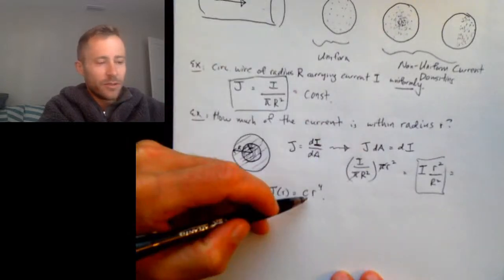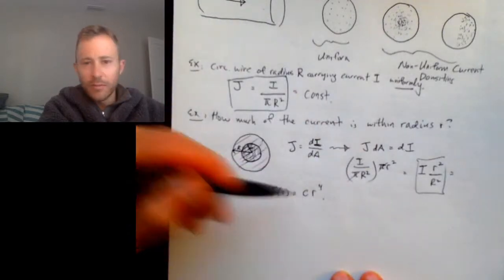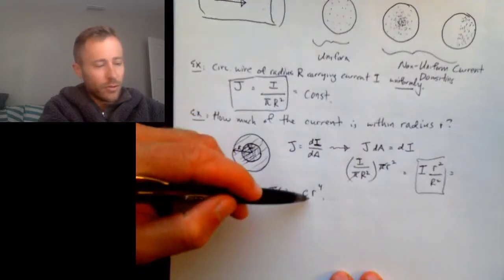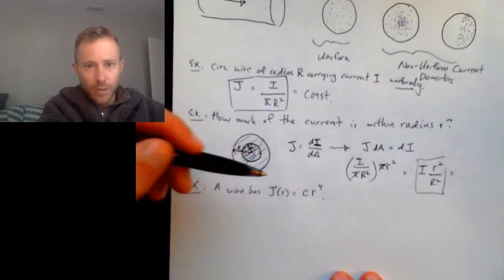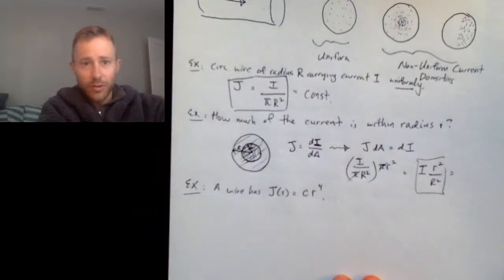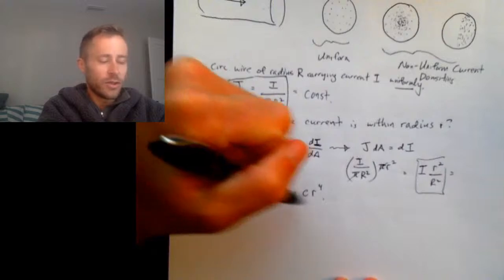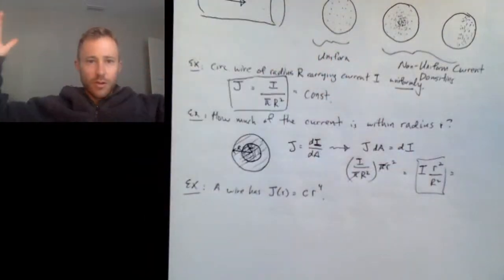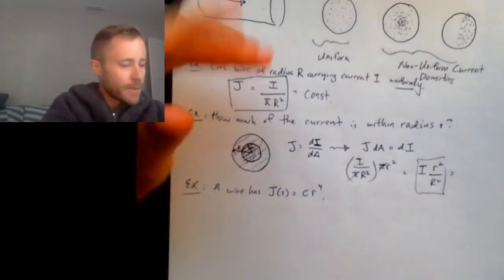So what that means is that the amount of current in the wire is growing as you go towards the edge of the wire, right? Because R to the 4th is an increasing function. So as you get closer to the edge, there's more and more density of current. So most of the current is on the outside edge of the wire.